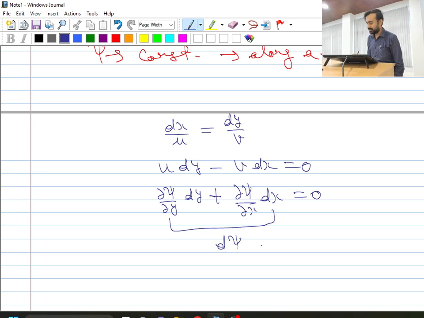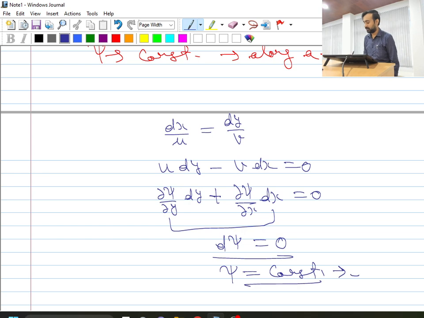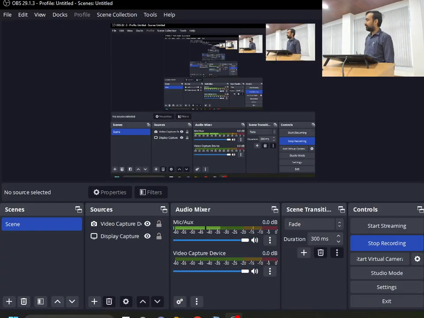So d of psi has become equal to 0, which means psi is equal to constant. So psi is constant along a streamline. This is another advantage of this method. Fine. Is this one clear? Now more details about psi we will discuss in the next class.